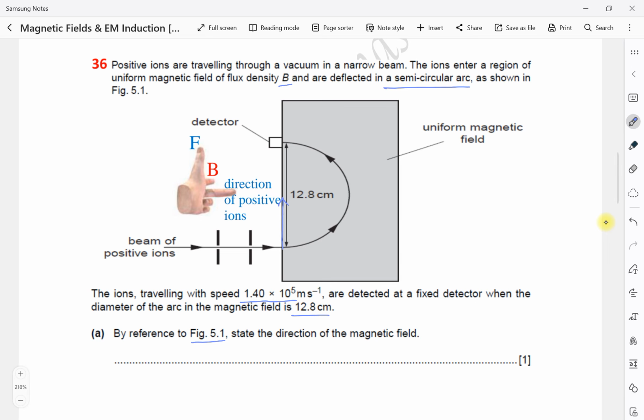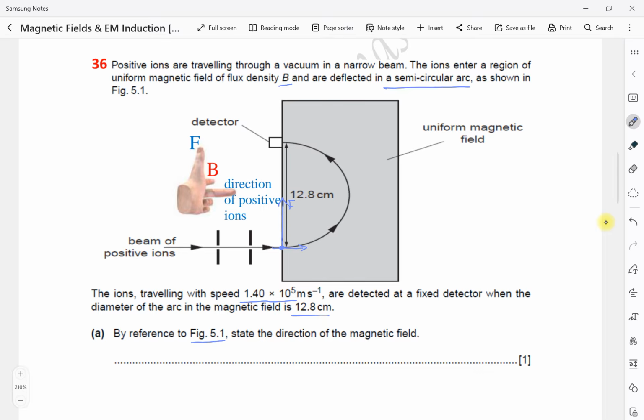So if we use Fleming's left-hand rule, with the thumb pointing the direction of the force, the magnetic force, and the second finger pointing the direction of the positively charged particle, then the first finger must point into the page. By Fleming's left-hand rule, the magnetic force is perpendicular to the direction of the positively charged ions and the field.